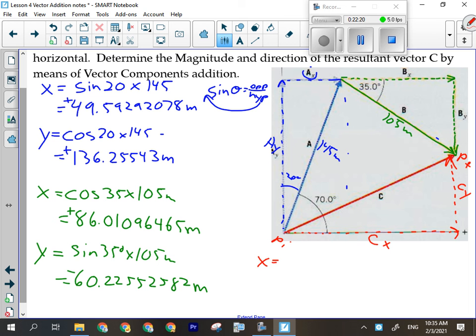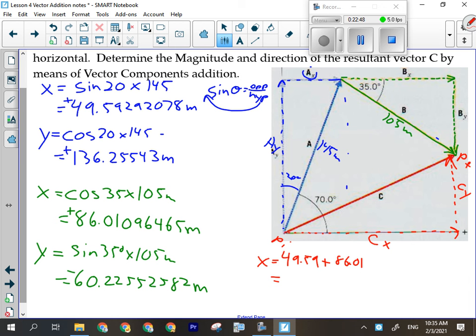Blue x is going to be 49.59 plus green x, which is 86.01. Obviously, I'm going to use all the decimals when I add these together, I'm just not writing them all again.